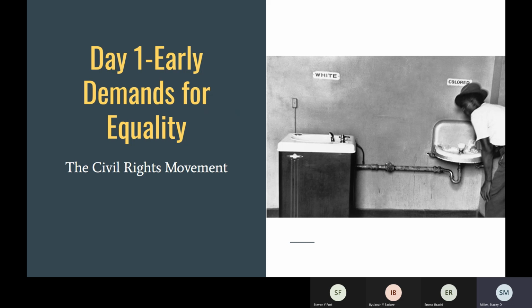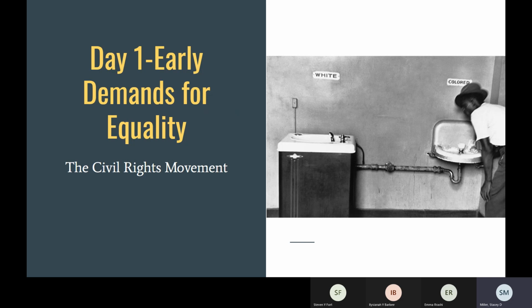In the beginning, though, taking a look at day 1, taking a look at the civil rights movement, we remember this idea of separate but equal, right? This argument of, hey, it's okay if things are separated and segregated as long as they're equal. And I think this picture right here is a fantastic representation of how complete BS the idea of separate but equal is, right?